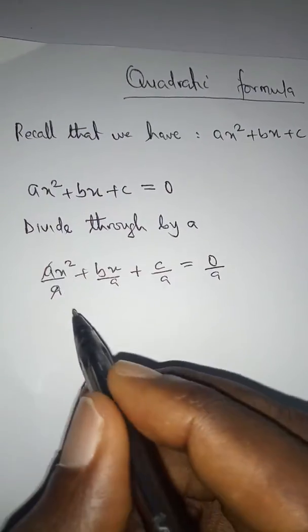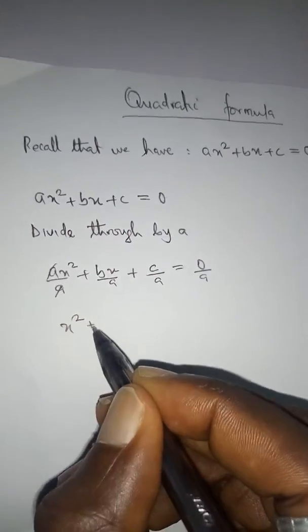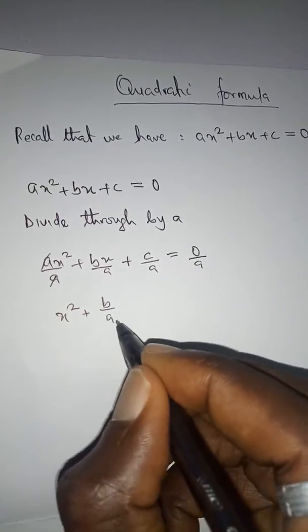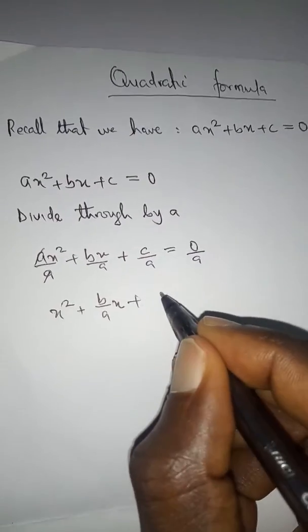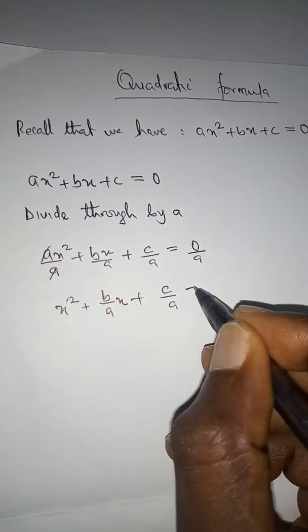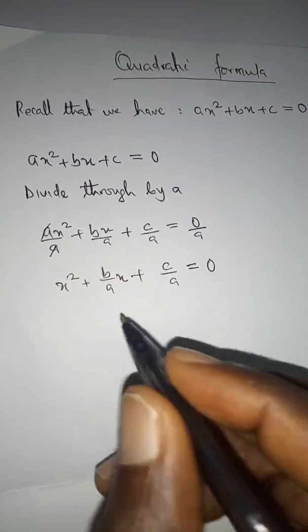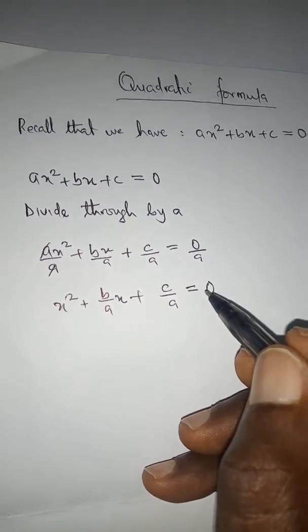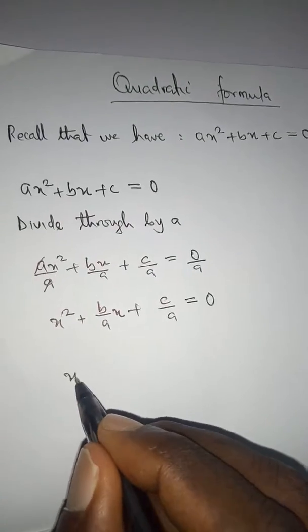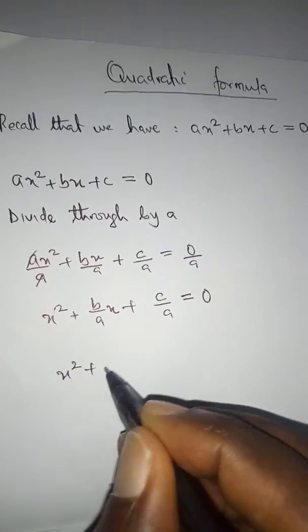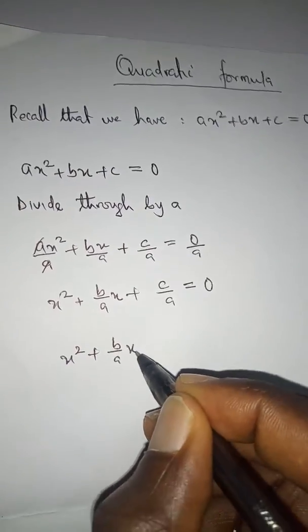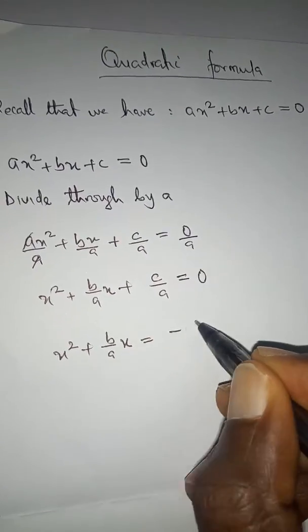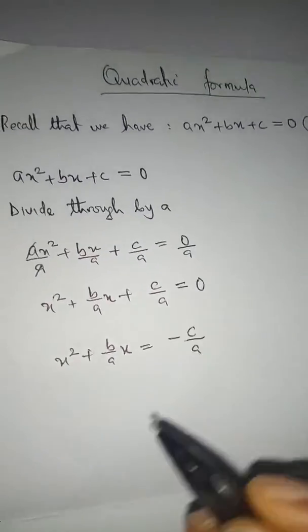The a cancels. We have x squared plus b over a x plus c over a equals 0. So we can transfer the constant term to the other side of the equation. We have x squared plus b over a x equals minus c over a.